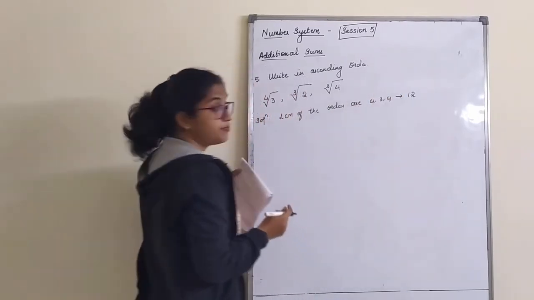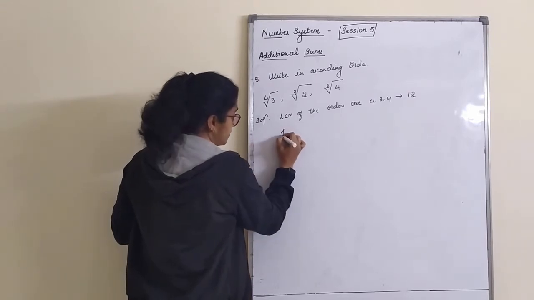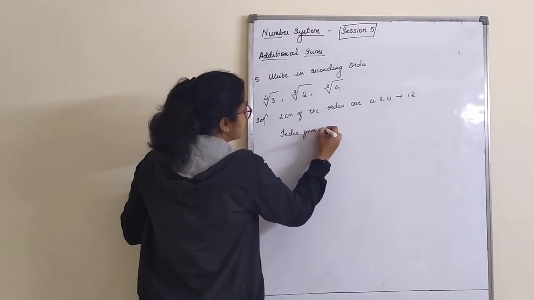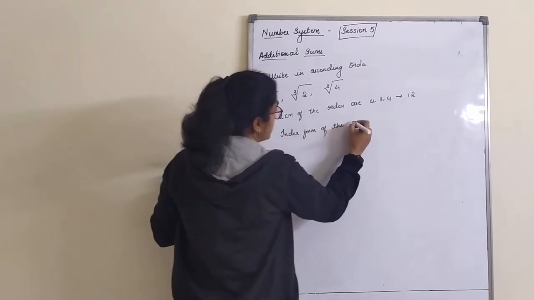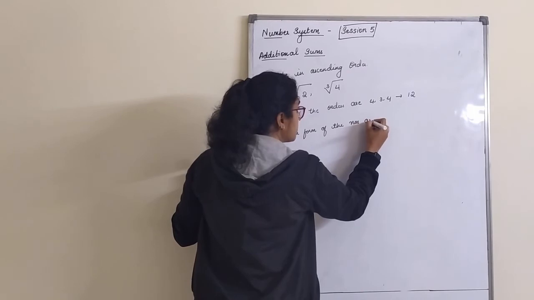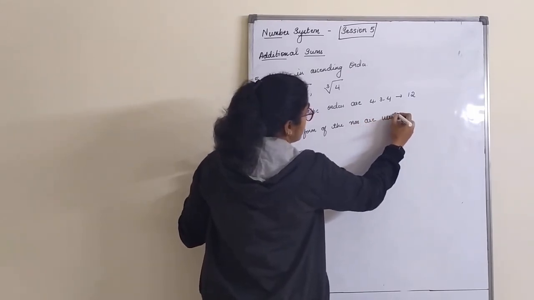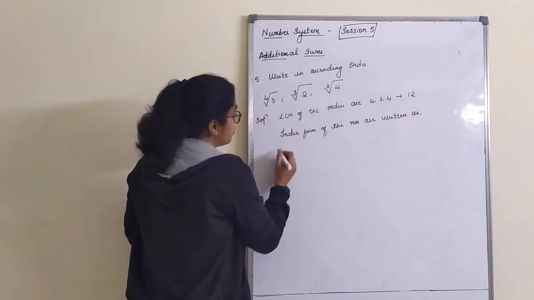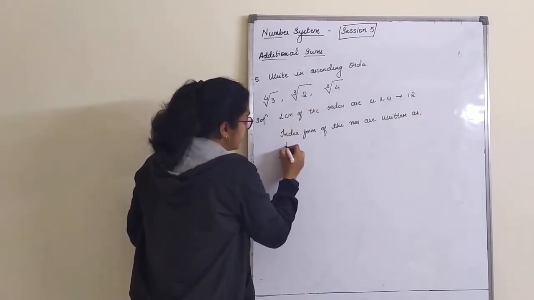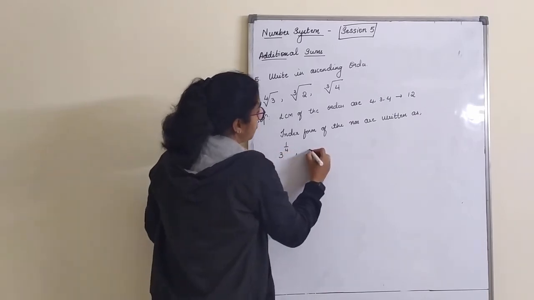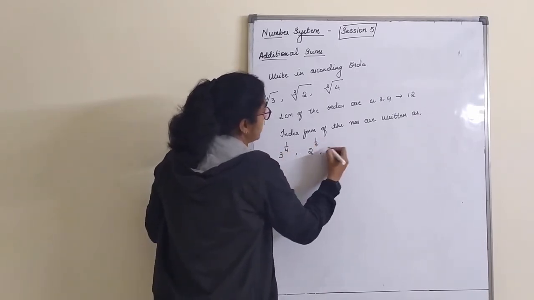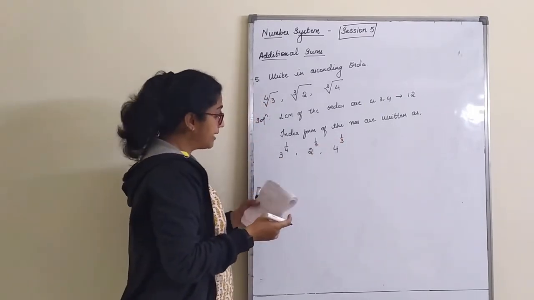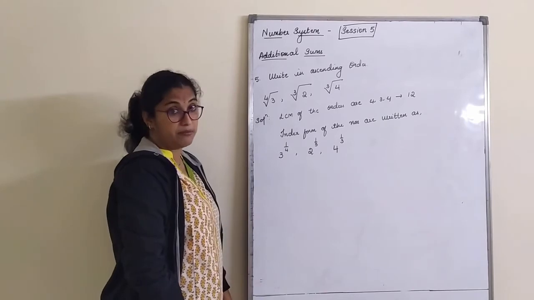LCM is 12. Okay. Then the index form of the given numbers are written as, we all know how to write index form of the given number, right? So the first number can be written as 3 raised to 1 by 4, comma 2 raised to 1 by 3, comma 4 raised to 1 by 3. That is how you write the index form of the given numbers.